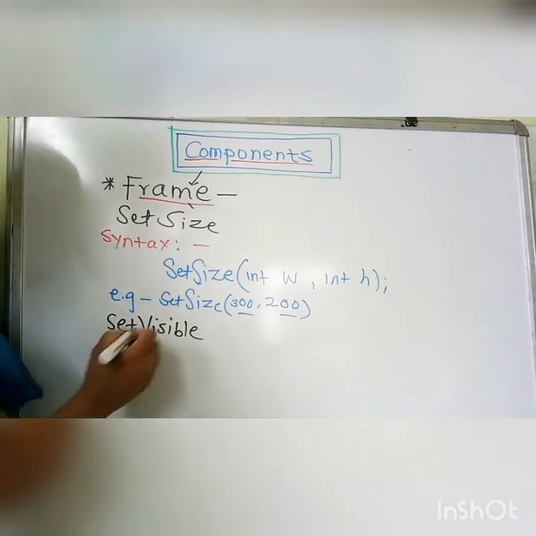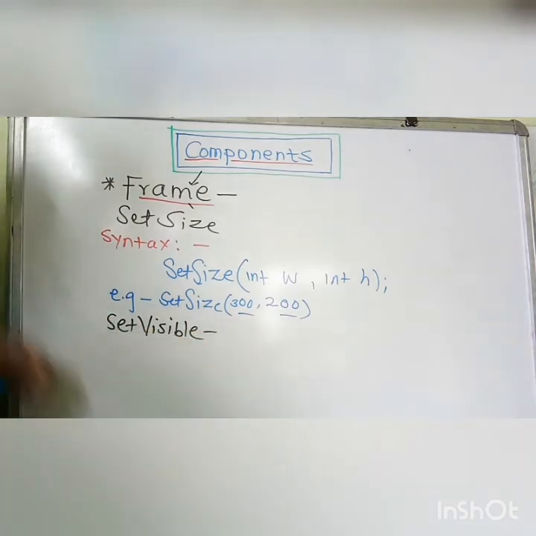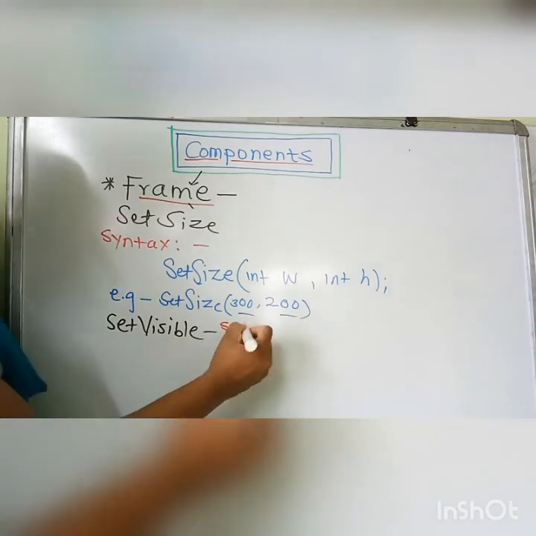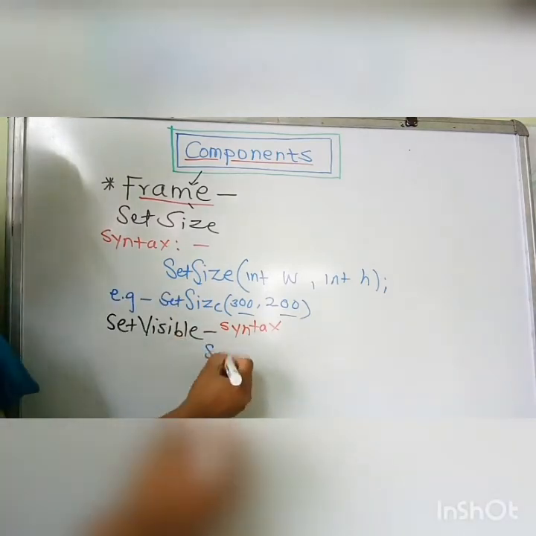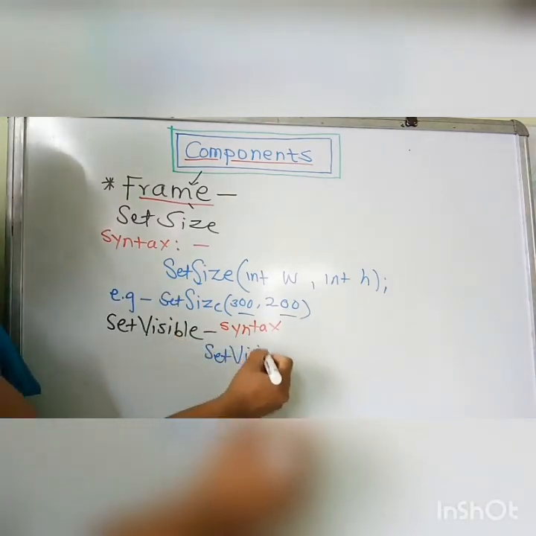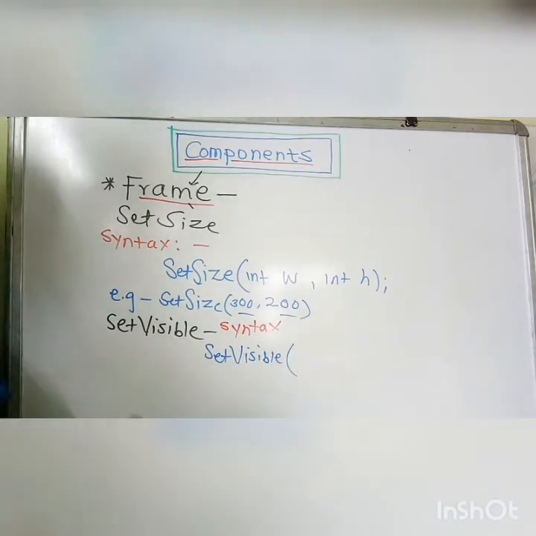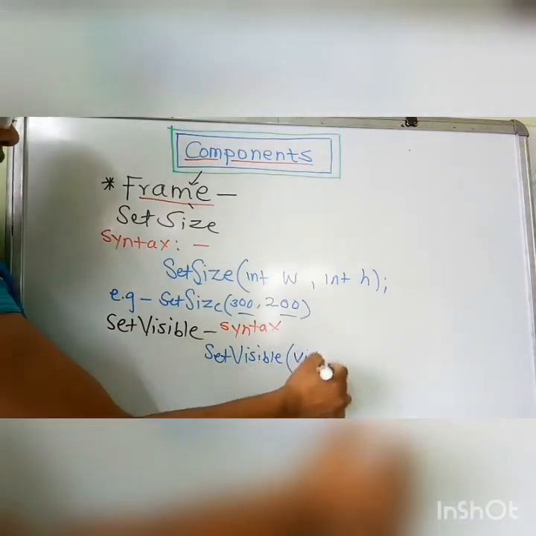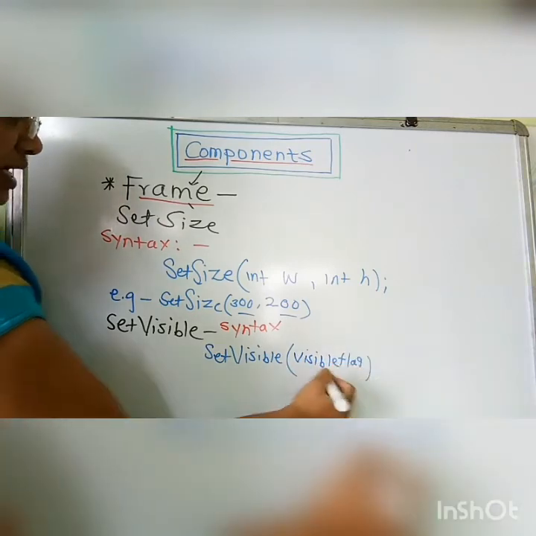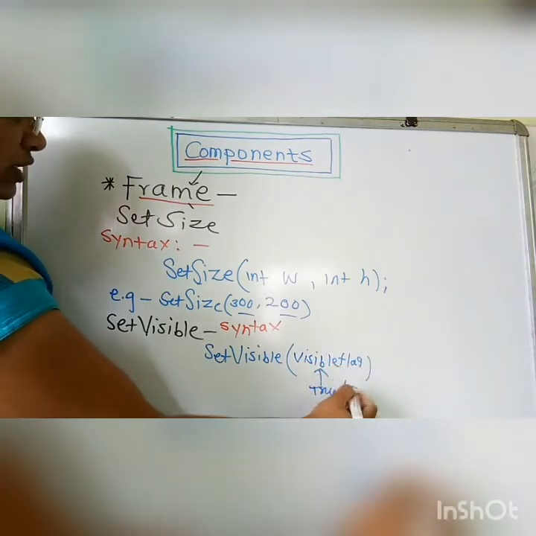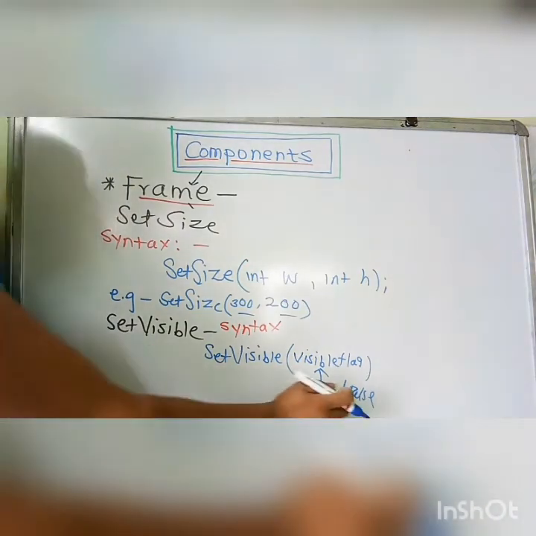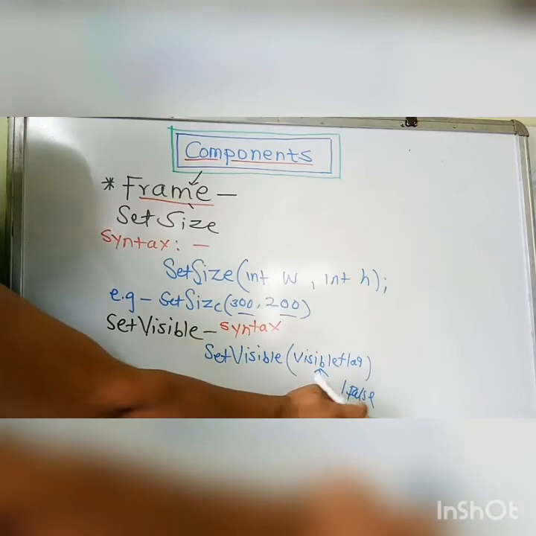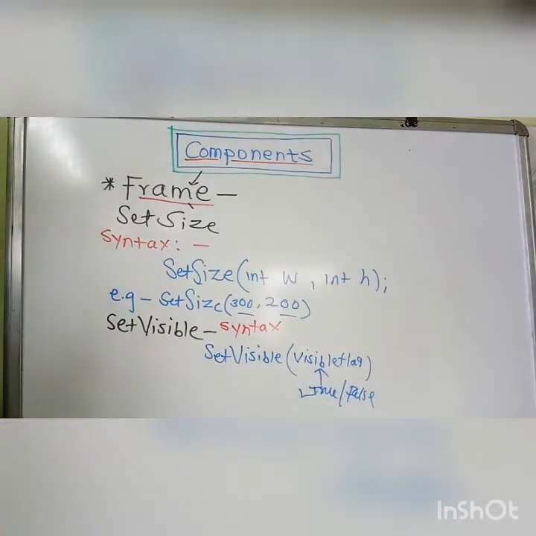So what is the syntax? Syntax is the raw structure you have to follow compulsorily. So setVisible, with a capital V, in brackets, the visible flag. The visible flag has two possible values, either true or false. When you make this true, your frame will be displayed. When we make it false, then the frame will not be displayed anymore.